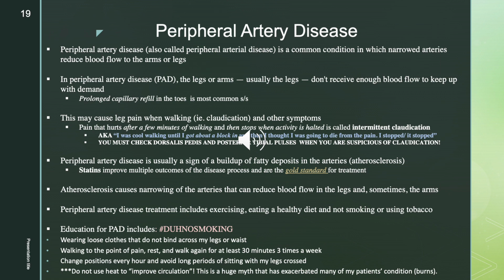So you got to check these pulses because sometimes you're going to have to schedule surgery that day, which is what we had to do with this gentleman, and we were able to save most of his foot, which was pretty exciting. Peripheral artery disease is usually a sign of a buildup of fatty deposits or atherosclerosis.